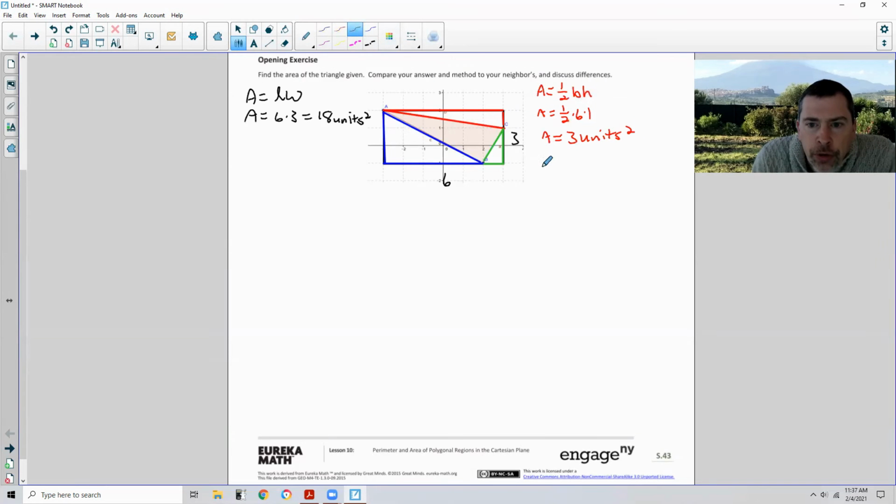And the area of the green one is 1/2 base times height. So the area is 1/2, the base is 1, and the height is 2. So the area of this triangle is 1 unit squared.